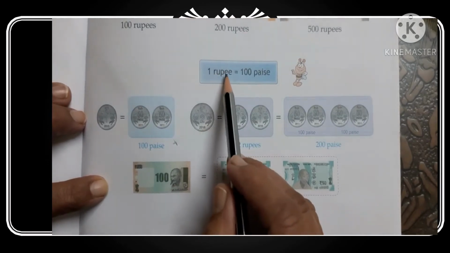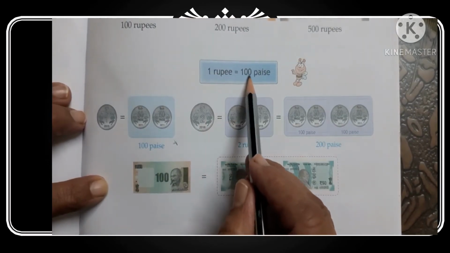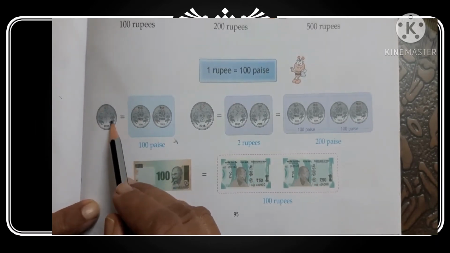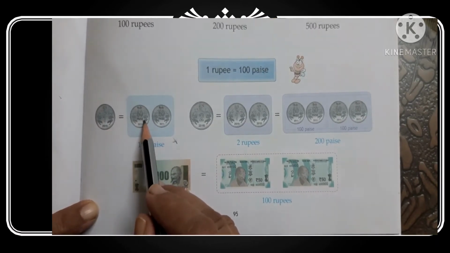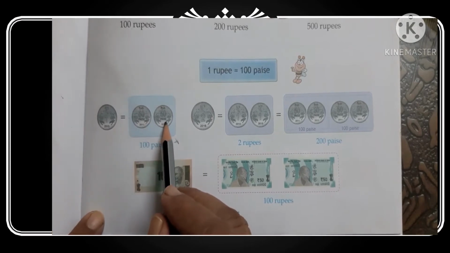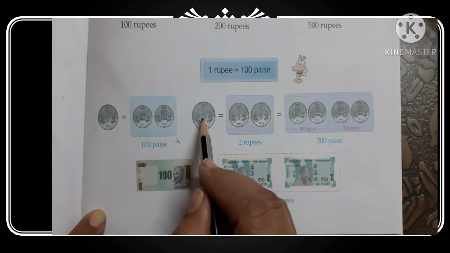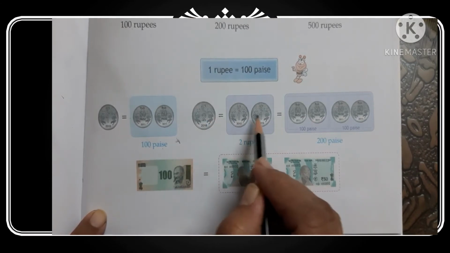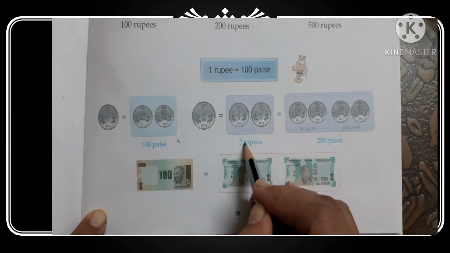Children, 1 rupee is equal to 100 paise. 1 rupee is equal to 50 paise plus 50 paise, 100 paise. 2 rupees is equal to 1 rupee plus 1 rupee, 2 rupees.